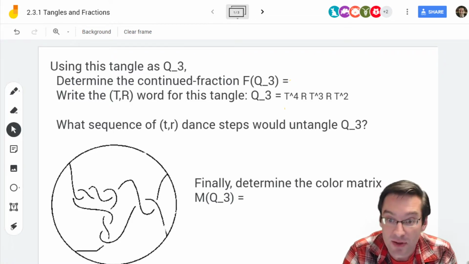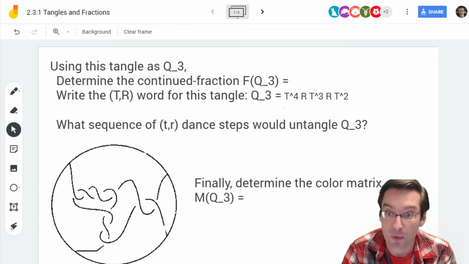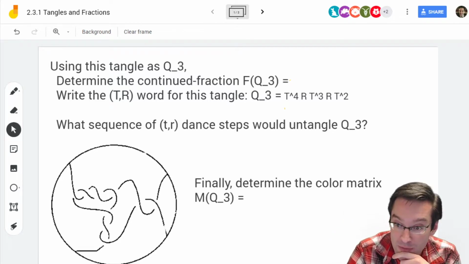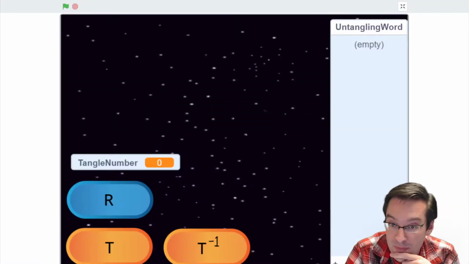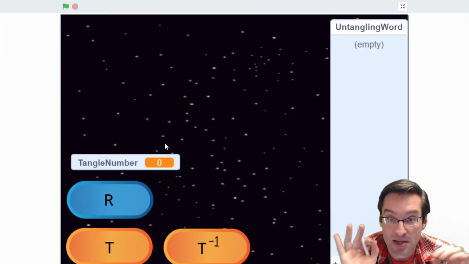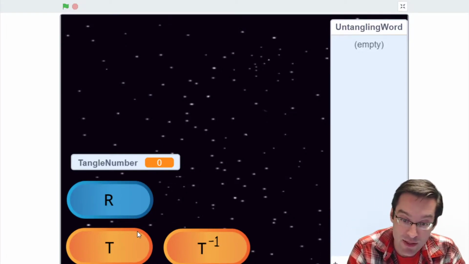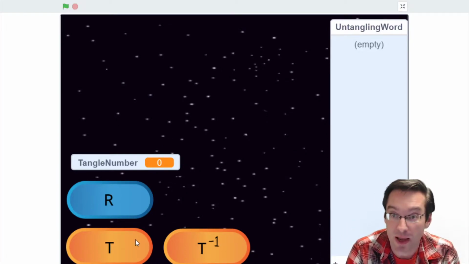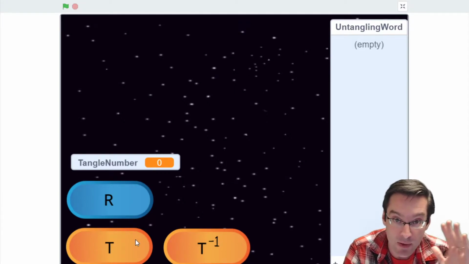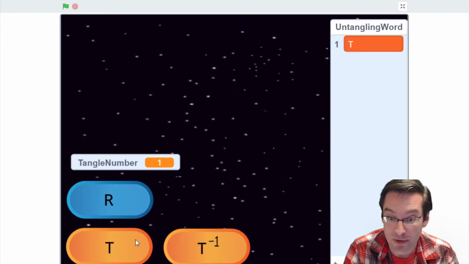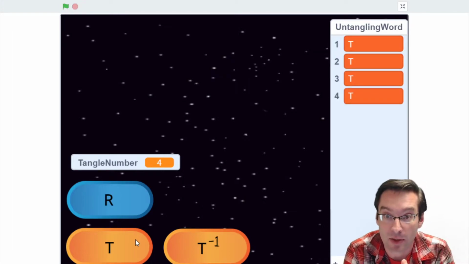So what that means is that a recipe for determining a continued fraction for a rational tangle word like this one up here, t to the fourth r, t to the third r, t squared, would be to start from an empty tangle which has a tangle number of 0, and then do t 4 times. And each time we do t, we're adding 1 to our tangle number. So when I do it 4 times, my tangle number goes up to 4.